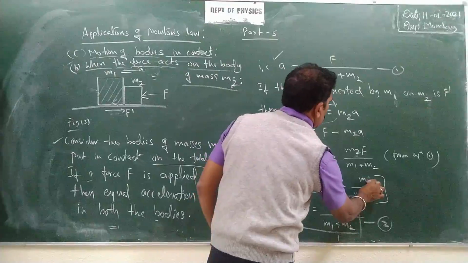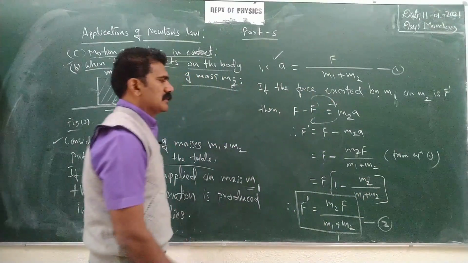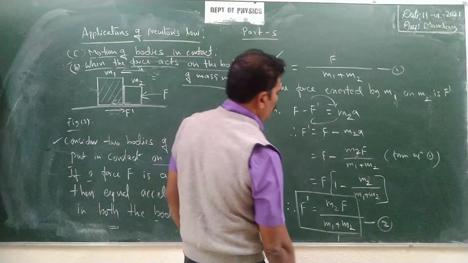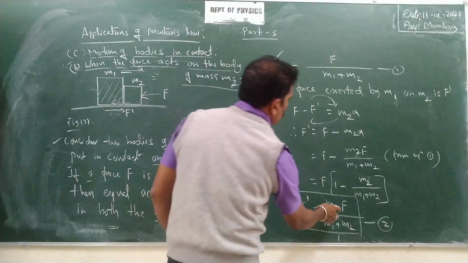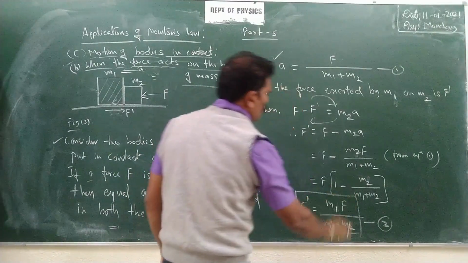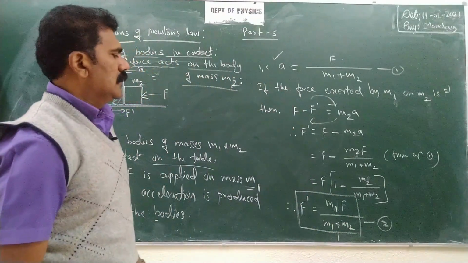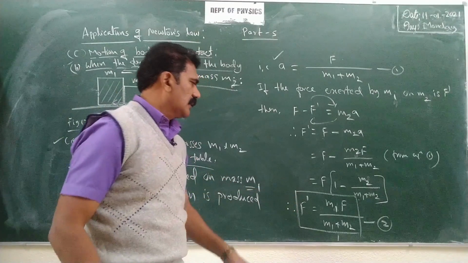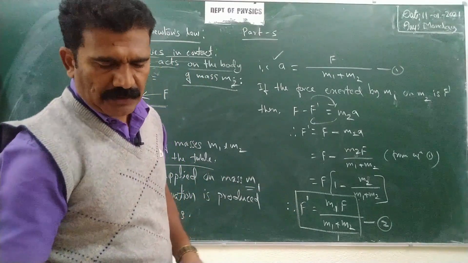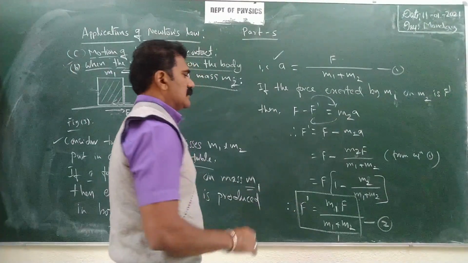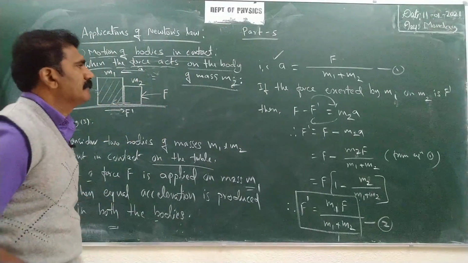Clear? So then here also 1 minus M2 by M1 plus M2. Then by cross multiplication you will get, in place of M2, M1. M1F by the sum M1 plus M2 is the opposing force. Clear? So that is the difference you will see in the second case.